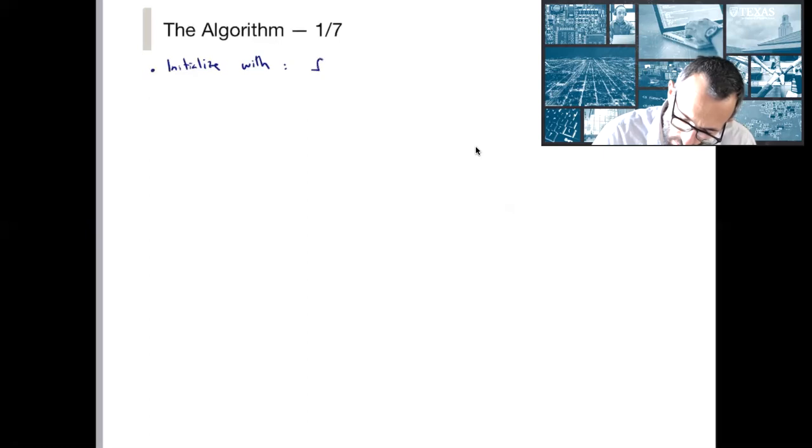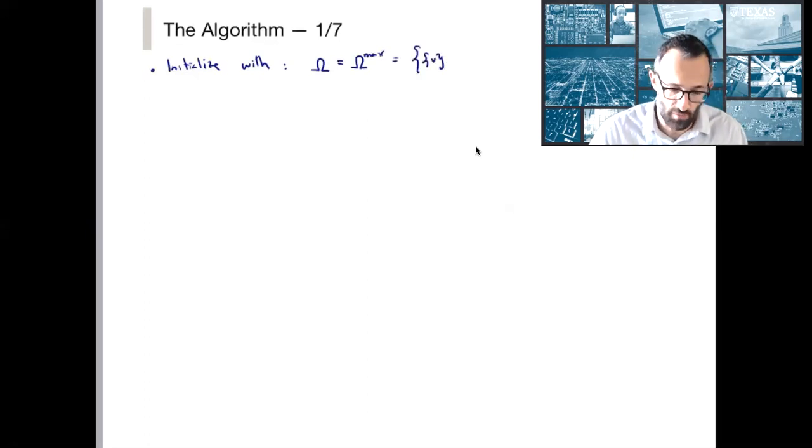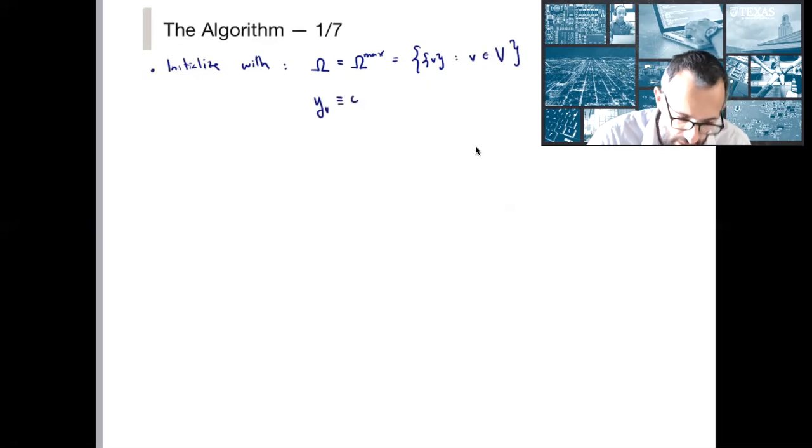So I initialize with omega, which by the way will also equal omega max, being the set of all the singletons. In other words, every individual vertex. So omega is every v, where v is in V. I'm going to initialize with yv identically 0, and the corresponding restricted primal solution, which is going to have just M being the empty set.